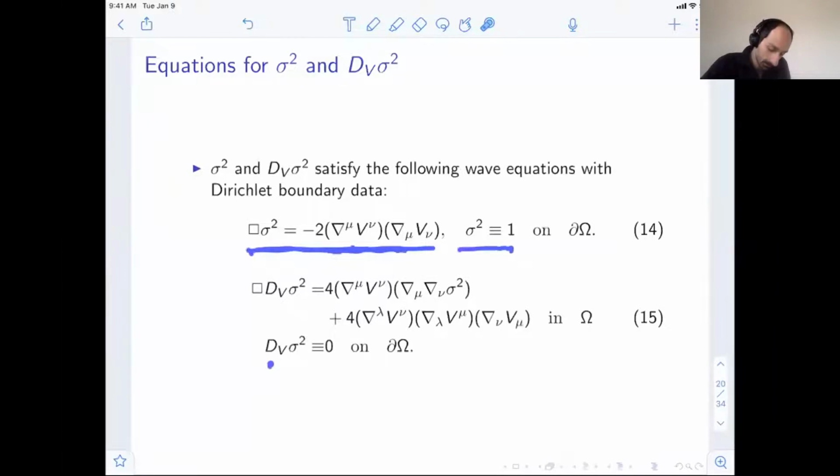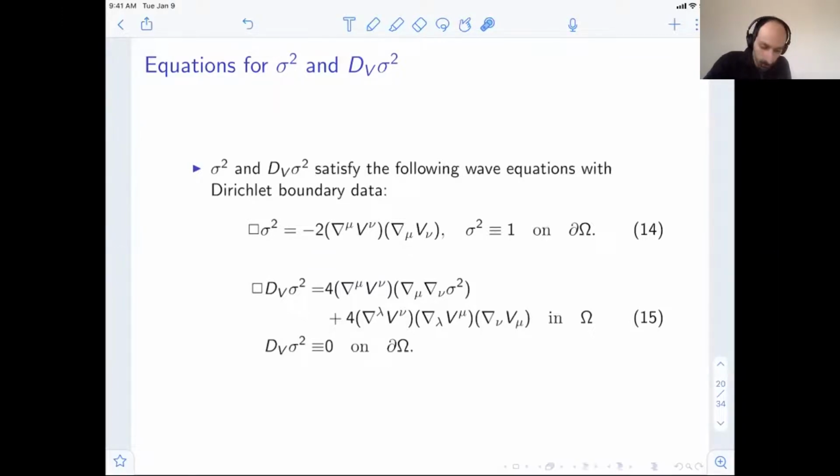Again, because dv is tangential to the boundary, if I differentiate this equation, I will get that dv squared is 0 on the boundary. And one can compute that this dv squared also satisfies the box equation at the level of one derivative of the fluid velocity and two derivatives of sigma squared itself. Okay, so basically everything that was elliptic has turned into a hyperbolic equation.